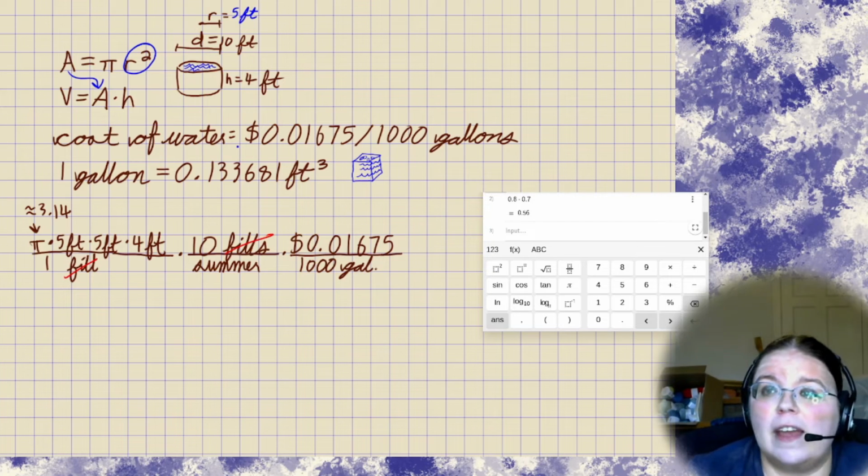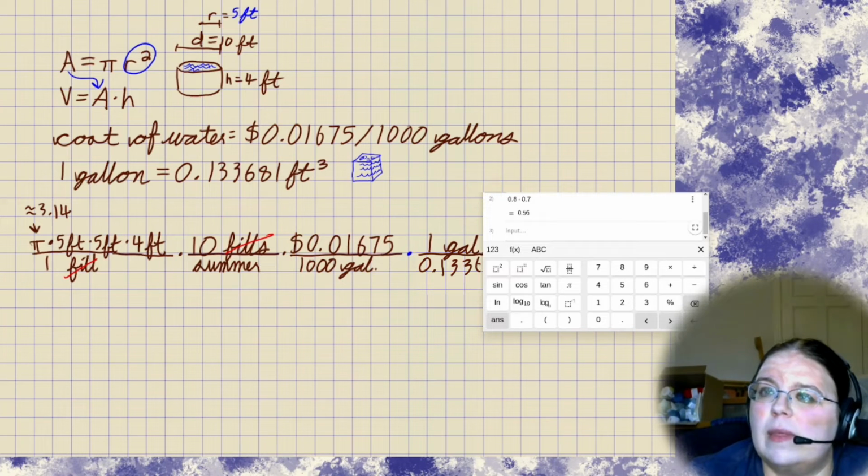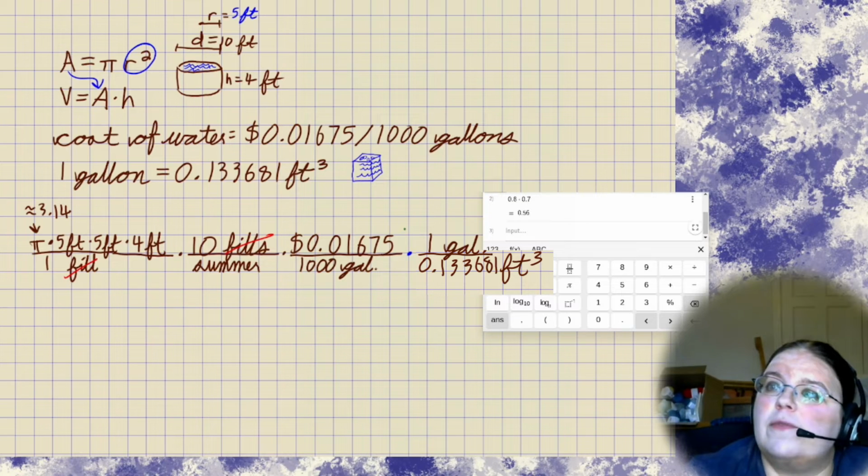I'm going to be honest, I don't have this one memorized. I googled it. It's not one that most people memorize. So this conversion factor is 1 gallon is the same as 0.133681 cubic feet. Now, I was very careful to line up the gallons that I was introducing in the numerator so they would cancel the gallons I had from before in the denominator.